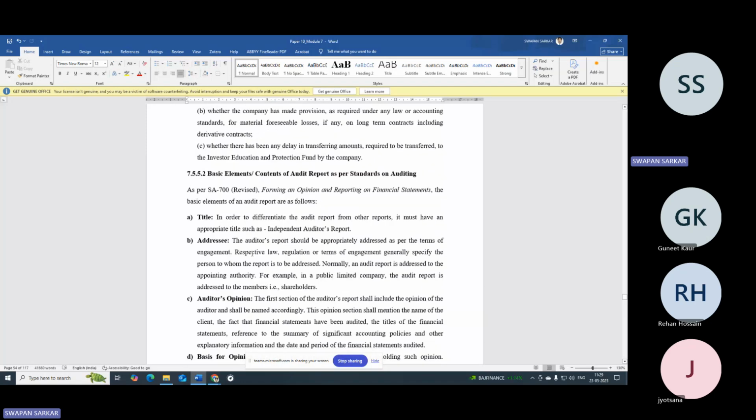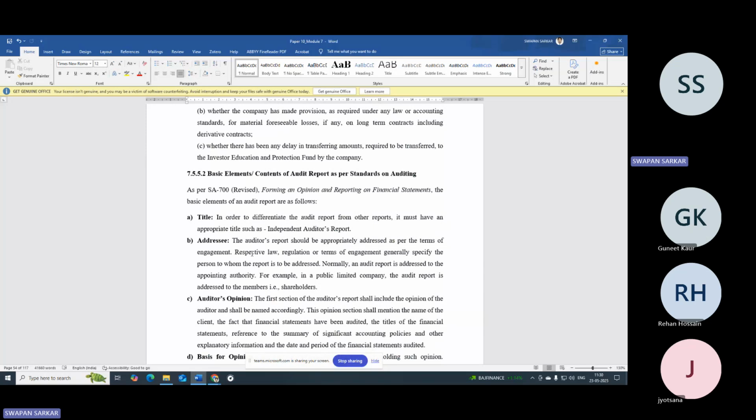Coming to the content of the report as per standards on auditing, as per SA 700 revised, forming an opinion and reporting on financial statements. The basic elements of an audit report are as follows. Title. In order to differentiate the audit report from other reports, it must have an appropriate title such as independent auditor's report.